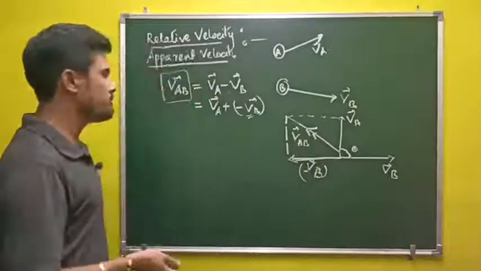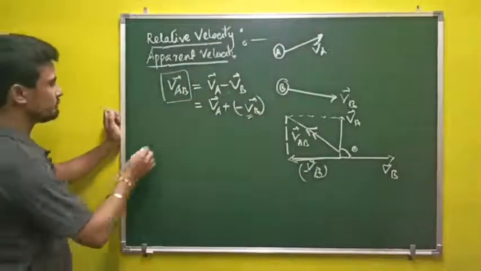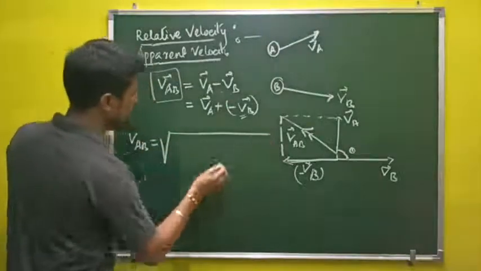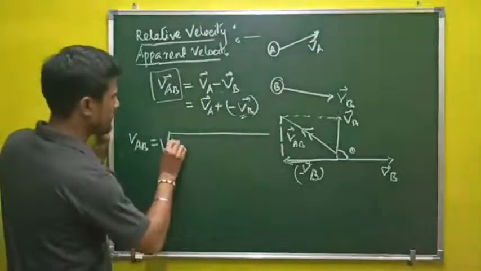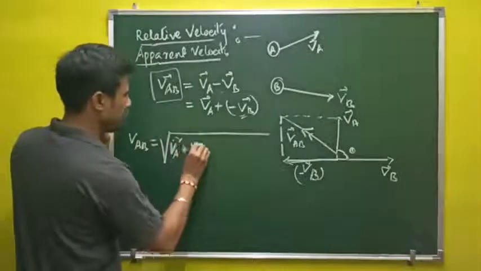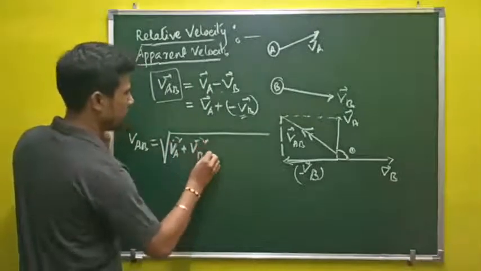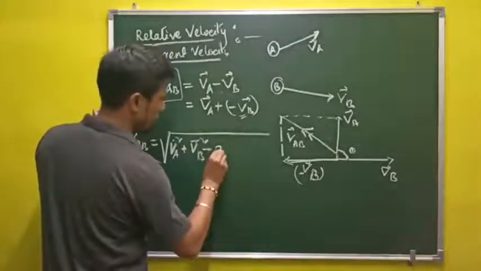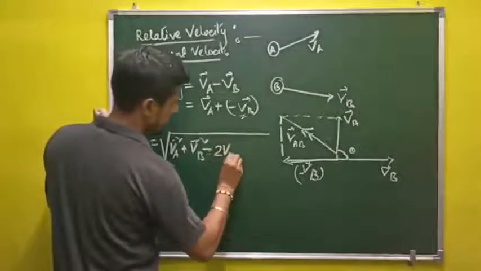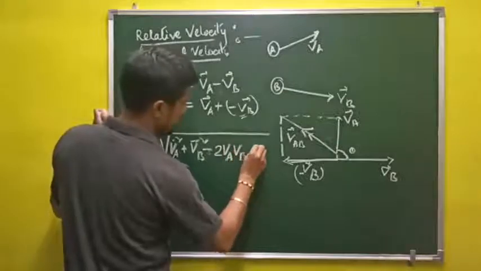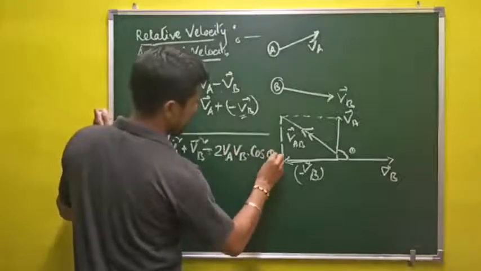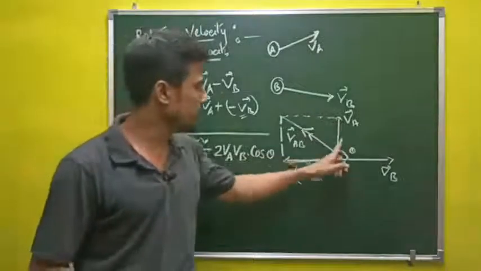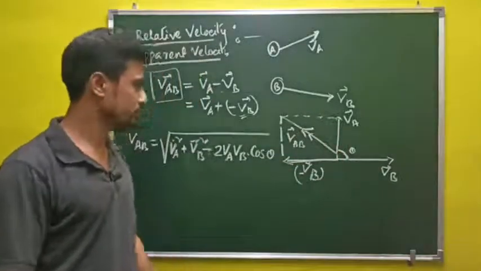This VAB will be given by the square root of VA square plus VB square minus twice VA VB cos theta. Here theta is the angle between the VA and VB vectors.